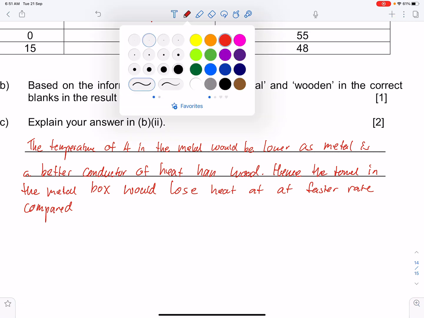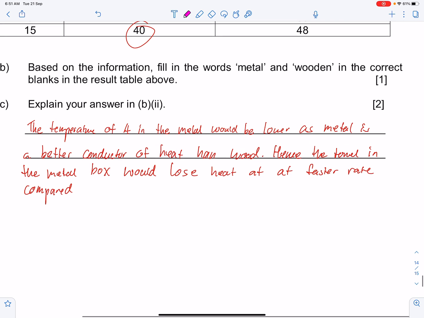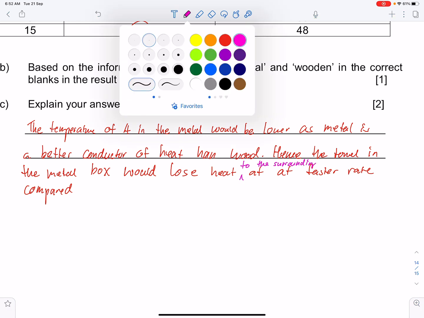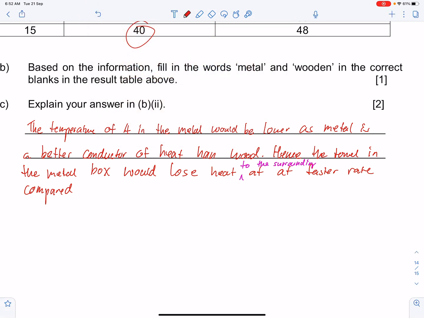We need to put in one extra point here: lose heat to the surrounding. Remember this, very important. Heat loss from where to where. We can continue after that: at a faster rate compared to the tower in the wooden box.